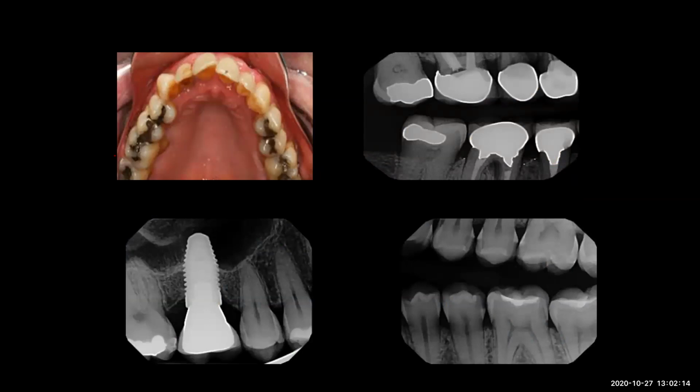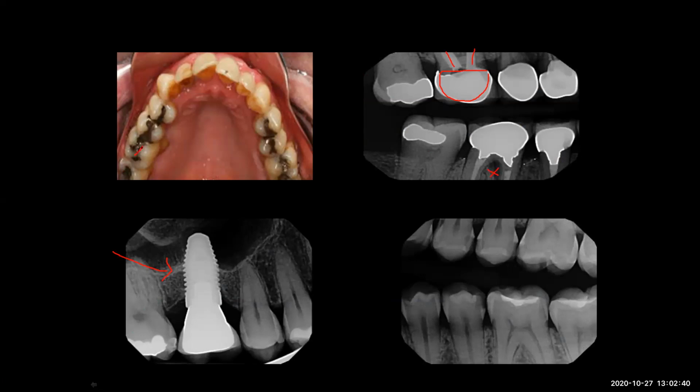Different restorations, you want to be able to use your radiographs for the restorations, right? This is what an implant looks like on a radiograph. Root canal, crown, lots of crowns, furcation involvement.